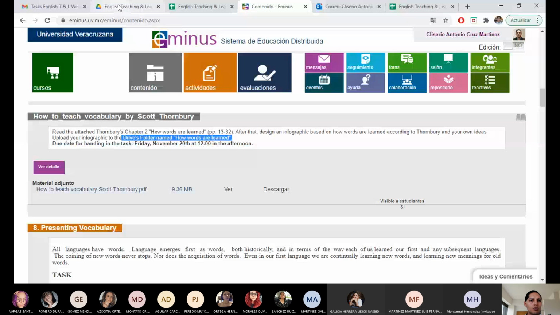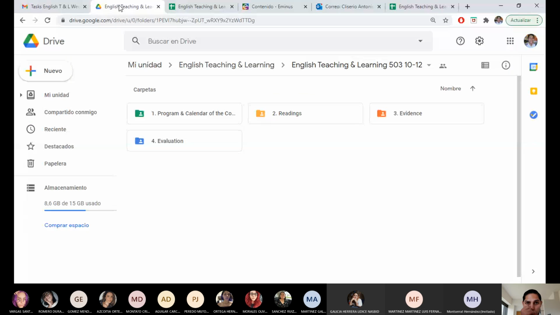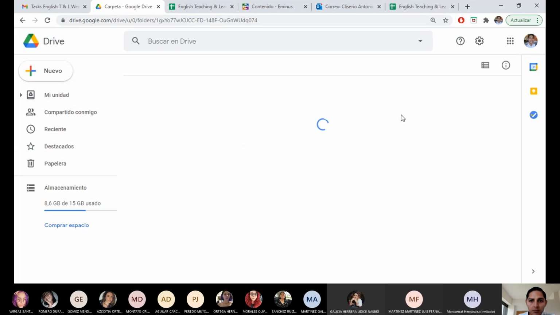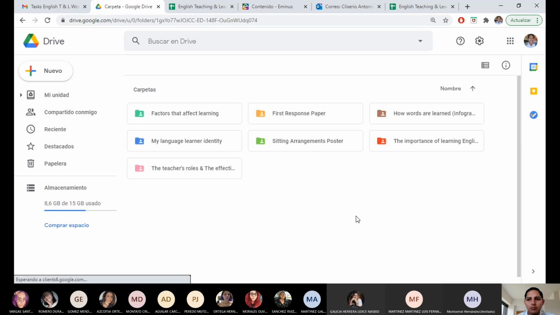If you go to Google Drive folders, you will find here evidence. Let me click it. It's loading. Hold on. Here it is. How Words Are Learned infographic.